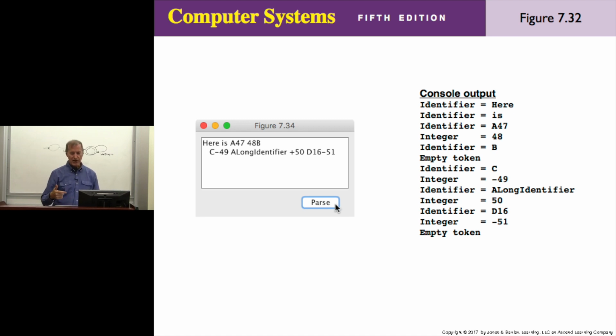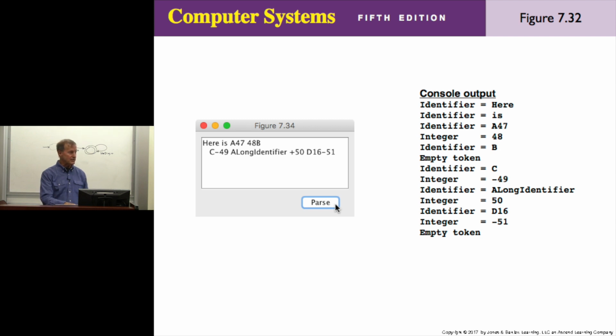All right, so continuing on here in figure 7.32, we detect the D, and now why do we have an empty token? Because we are at the end of that line. After we scan the B and recognize an identifier, if we restart the finite state machine, we're in the start state. Do we have a transition? There's no space, no letter, no digits.